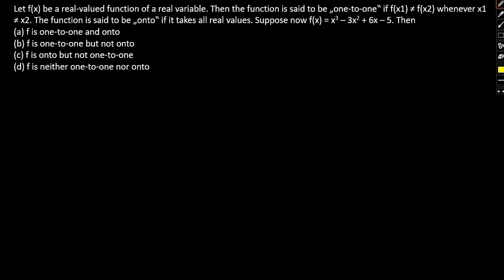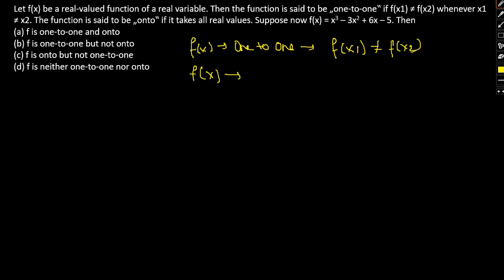Okay, so what are the conditions that we have? f of x will be 1 to 1 when f of x1 is not equal to f of x2. So this is one condition that has to be satisfied. Another condition, f of x will be onto if it gives all real values.